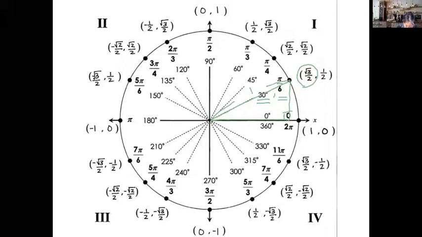So this is horizontal, and this is the cosine value of the angle.